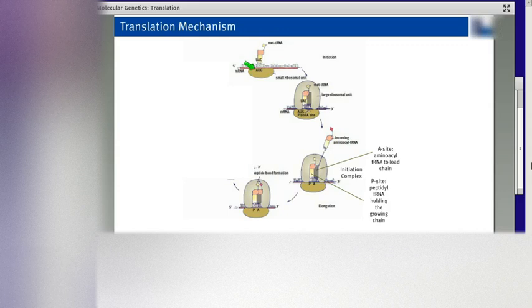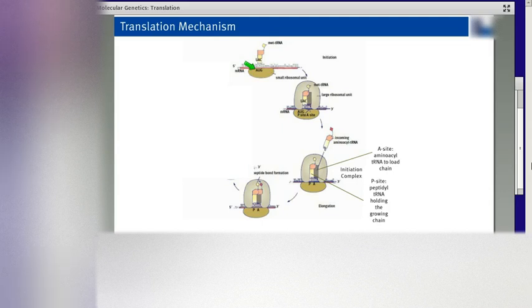Well, remember, we said all of the aminoacyl tRNAs are originally going to be binding to the A site. So if we want to add more, what do we have to do to the one that is currently there? We got to move him over. We have to move him to the P site.